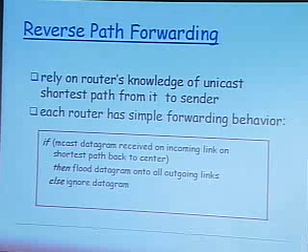It will look at which link that packet arrived from. If that link is on the shortest path back to the sender of this packet, originator of the packet, then this router will flood this packet on all its outgoing links. If not, it will discard this packet.